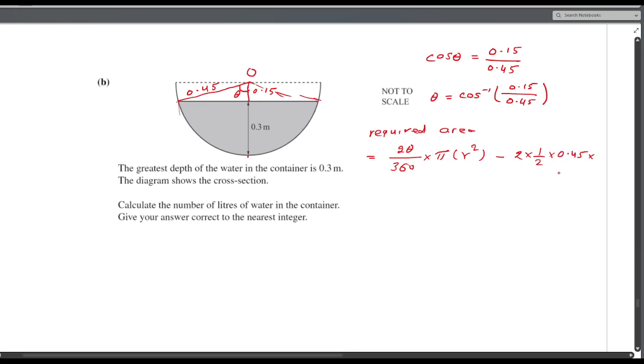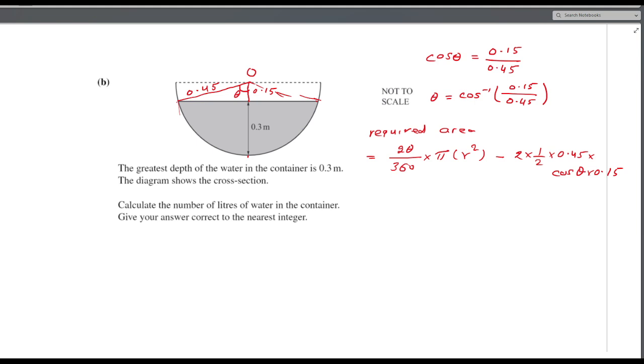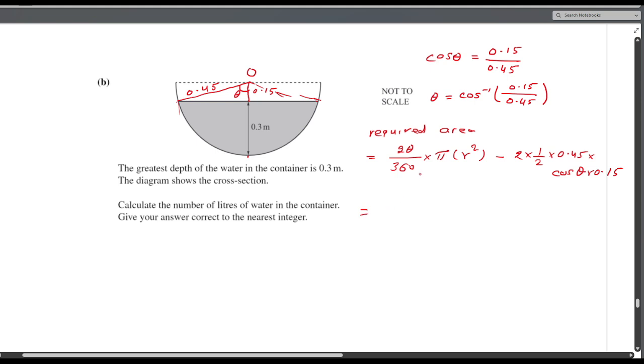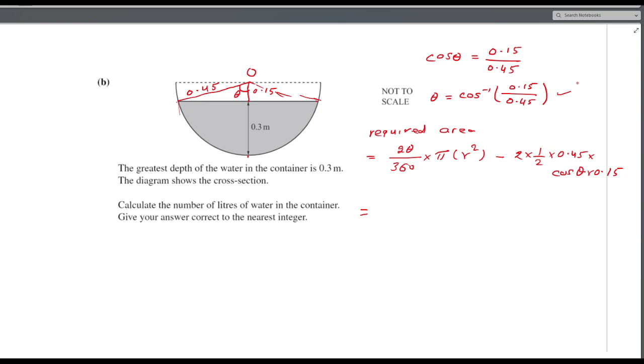So half into base into height, height is 0.15. So area of two triangles I subtracted. So now theta value is here. You can find out that theta value, r value also you know 0.45. So let us substitute everything.